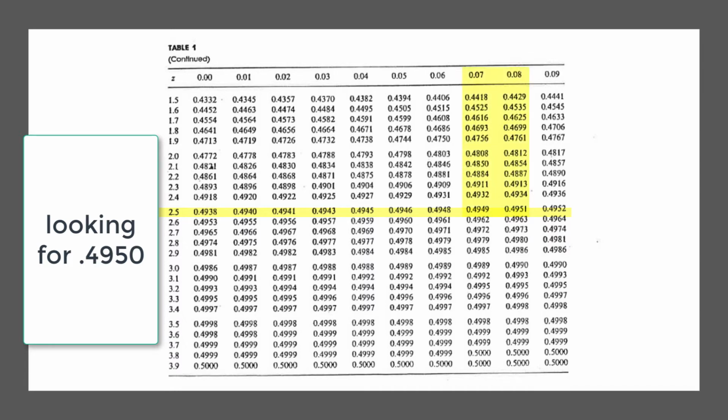And again, we kind of have the same situation. We've got 0.4949 and we've got 0.4951, so not perfectly 0.4950, right in the middle. But we're always going to go for the critical z-score that's a little bit harder to meet. So we're going to go with 2.58 right here because it's a little bit more than 99.